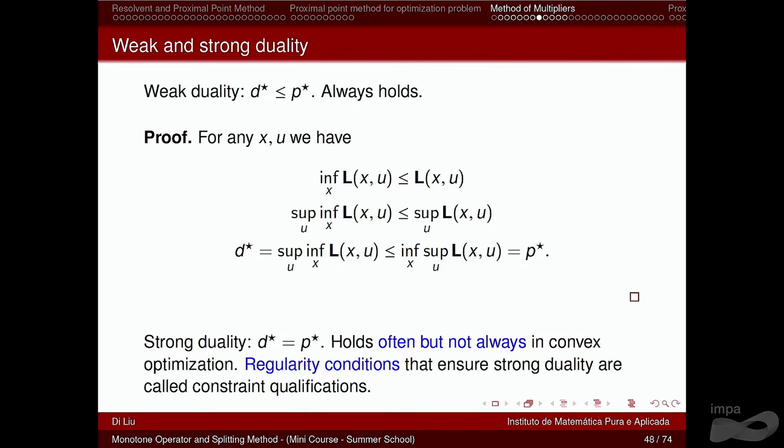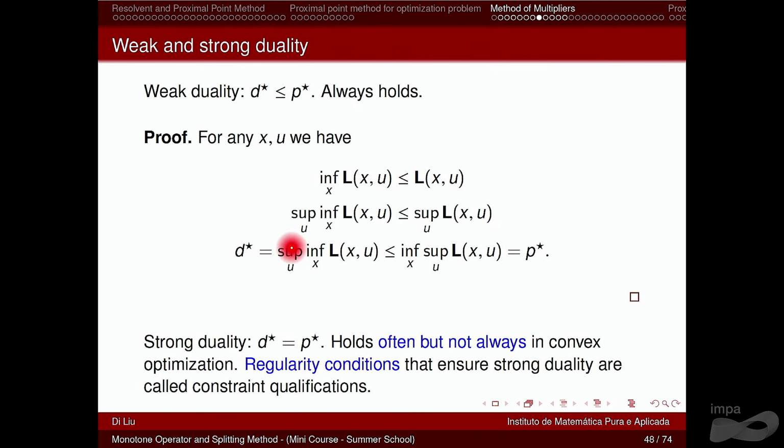Pay attention. Be careful. After this, in this inequality, the left side is just a number. It's just a fixed number. So we can take the infimum in x again on both sides.